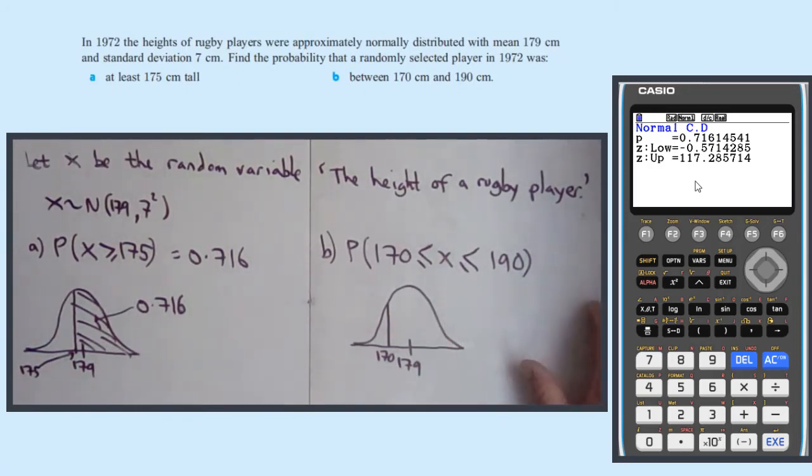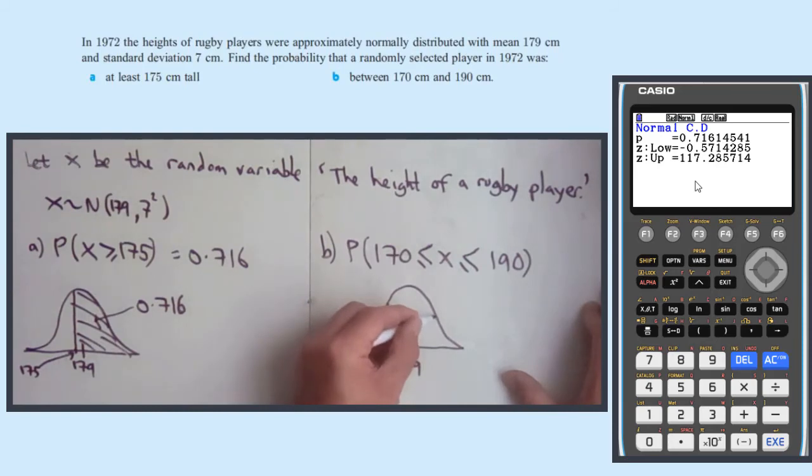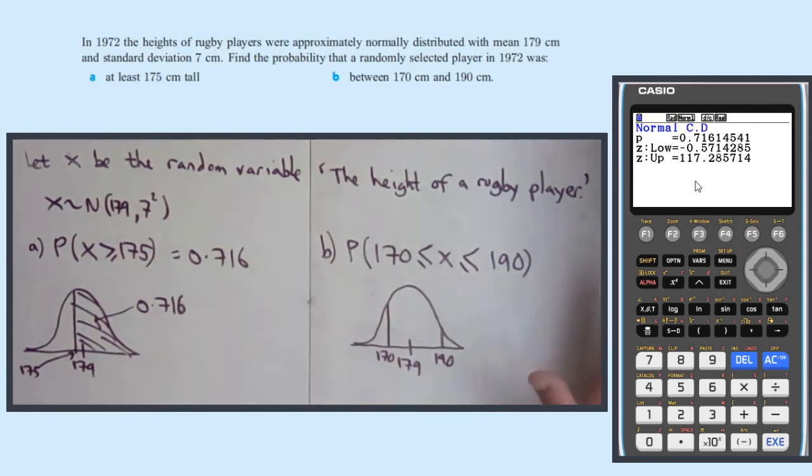That would be 193, so it's probably over here somewhere. So 2, probably somewhere around here, maybe. It doesn't have to be perfect, but I try and get it as good as I can. But as long as you're obviously to the right of the mean for this and obviously to the left of the mean, it'll be fine.